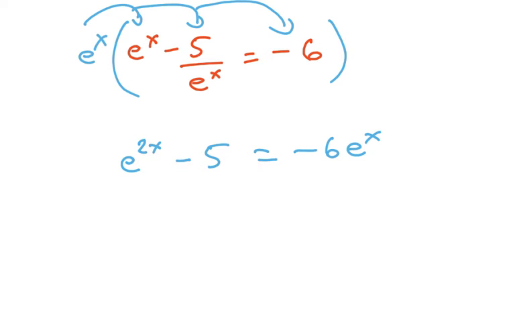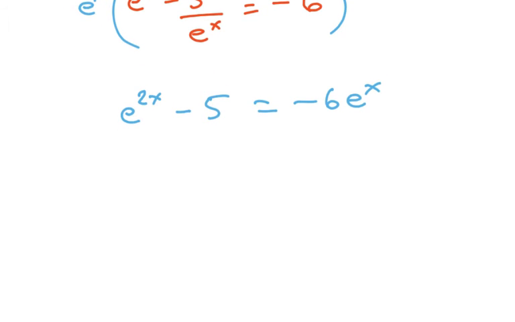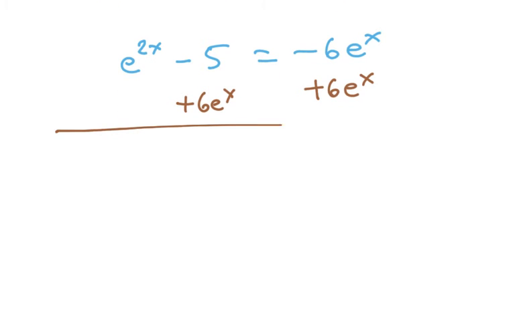Now, this is starting to smell a lot like the previous question. I'm going to add 6 e to the x to the other side, and I'm going to position it. I'm actually going to write e to the 2x. No, you know what?